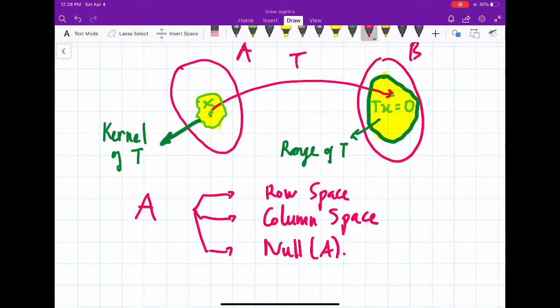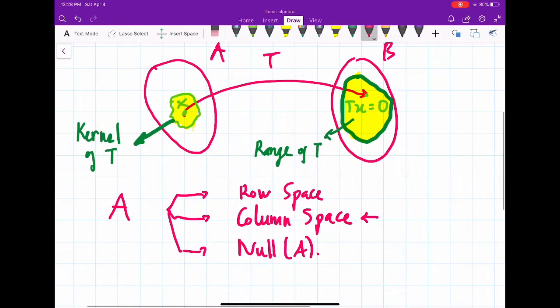The row space is the space generated by rows of A. Similarly, the column space is the space generated by columns. What is the null space of A? That is all x such that Ax equal to 0. So basically, this is the solution set of the homogeneous system which has A as a coefficient matrix.